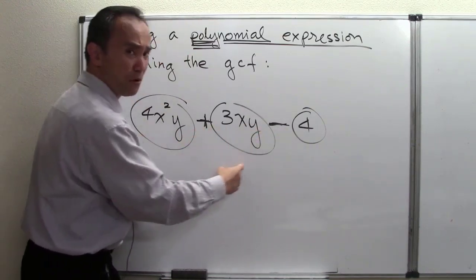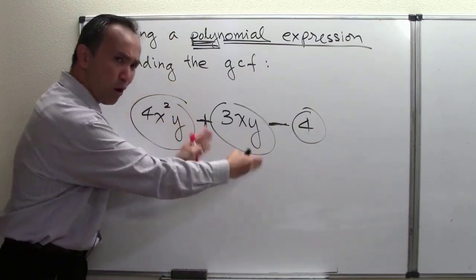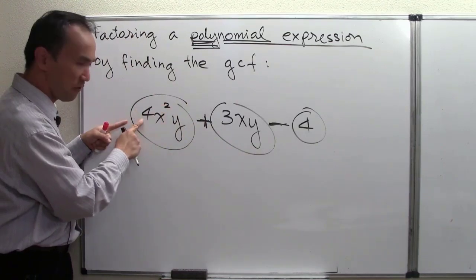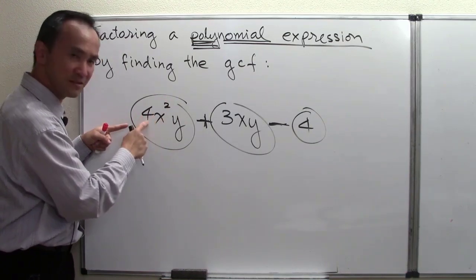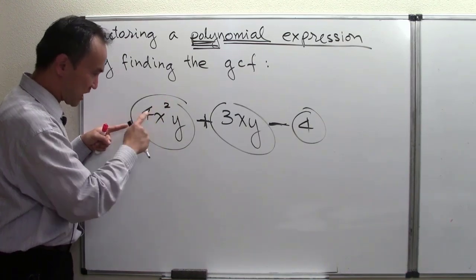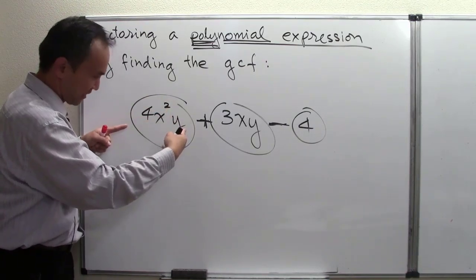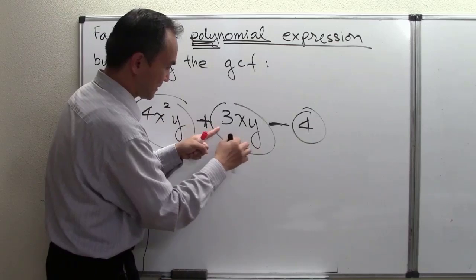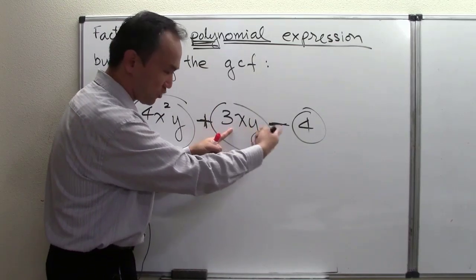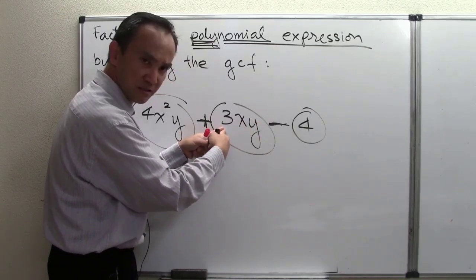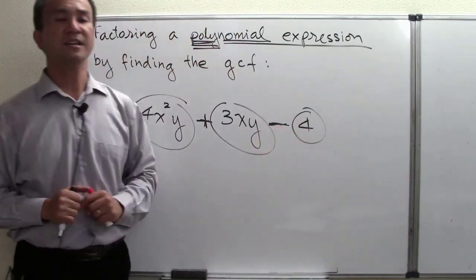Each term has only coefficients, products, and powers, a product between coefficients and variables and powers, and maybe some divisions. But that's it. 3 times x times y, that's one term. A product or a quotient between numbers and variables, or one single number itself, can be regarded as a term as well.